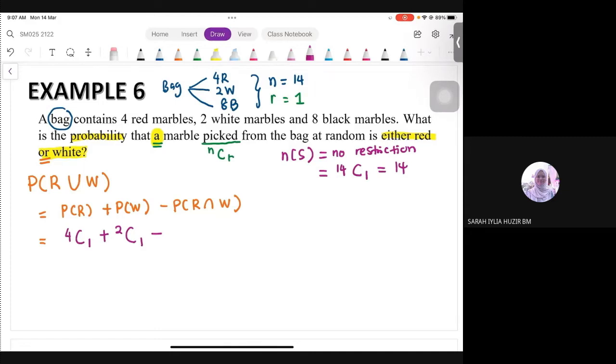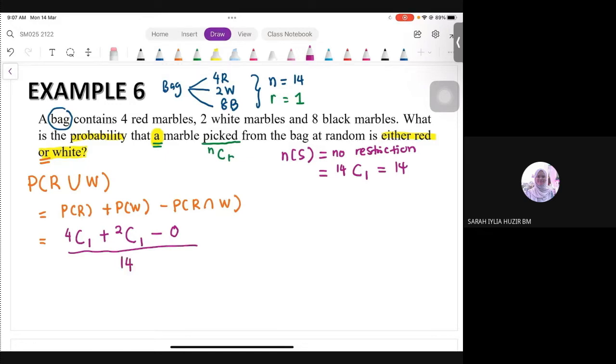Kalau baca balik soalan tu, there is no marble that has both colours. Maksudnya marble tu colour dia separuh-separuh, ada colour red, ada colour white. Tak ada kan? Dalam soalan tak bagi tahu langsung. Means it is 0. Benda tu tak akan terjadi. Okay. So this is the way you choose the marble. But don't forget, because this is probability, always divide by our sample space just now, 14.